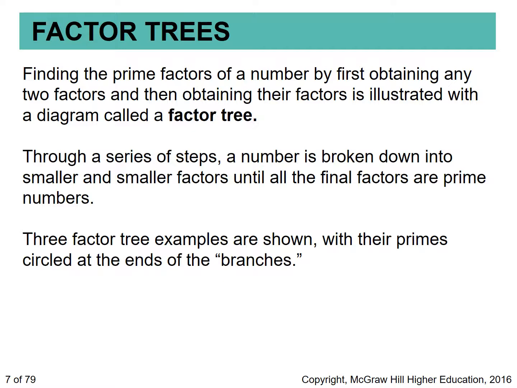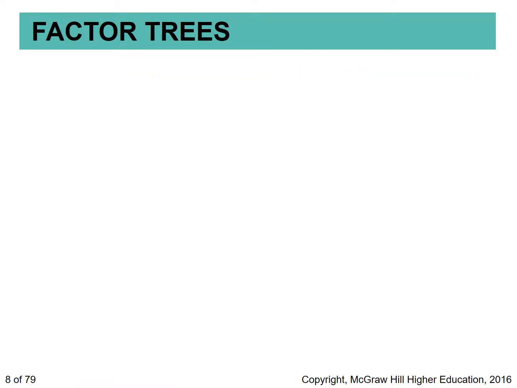And when the number at the end of a branch is prime, we circle it. So here are some examples. So if I have 30, I can divide 30 up in several different ways, but I'll use 5 and 6. And 5 is prime, so I circle it.